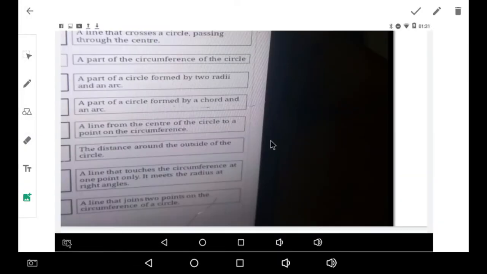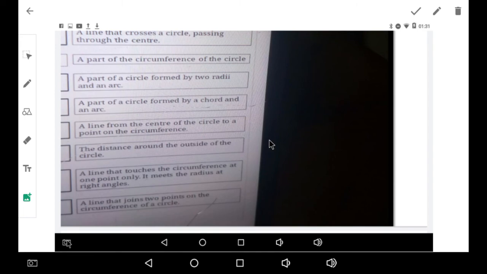So let's quickly go through this exercise to revise the parts of the circle that we have learned. A line that crosses a circle passing through the center. Yes, that's the diameter. A part of the circumference of a circle. Evelyn?